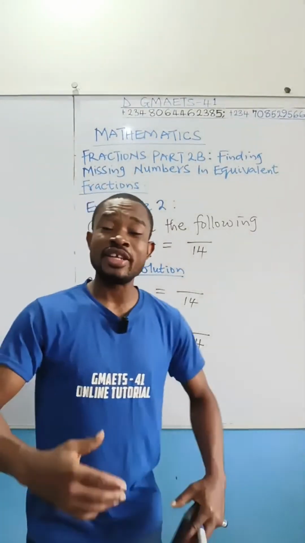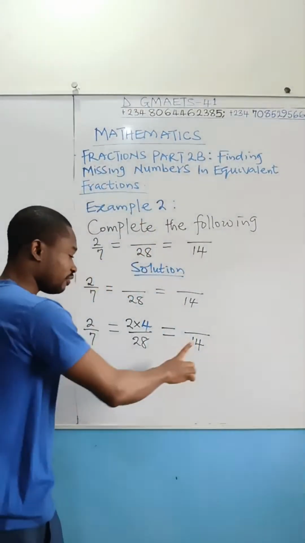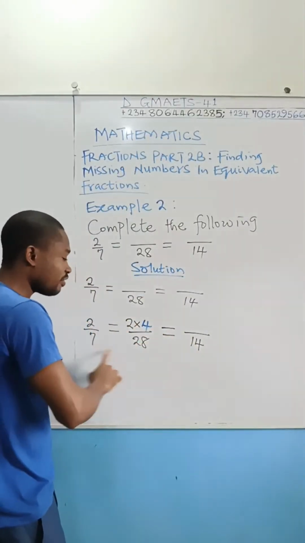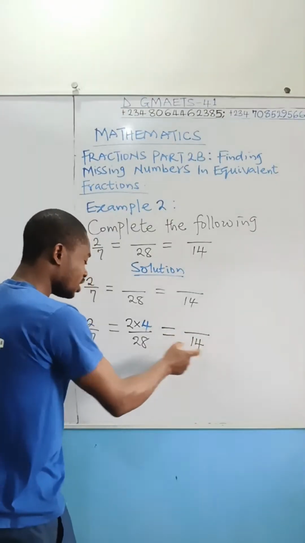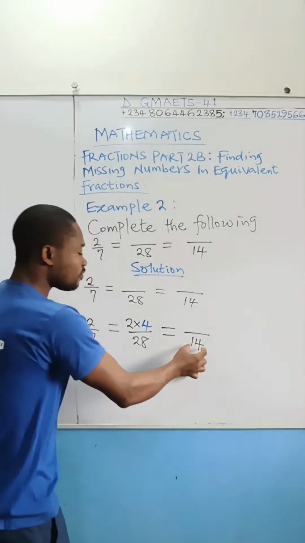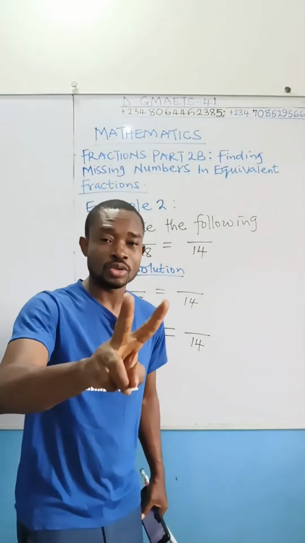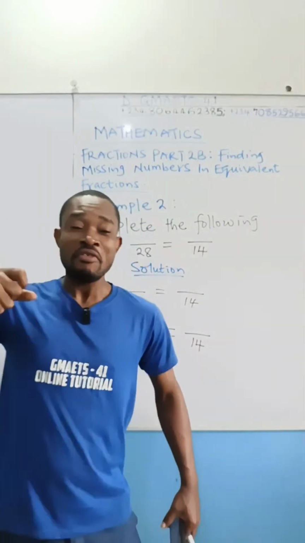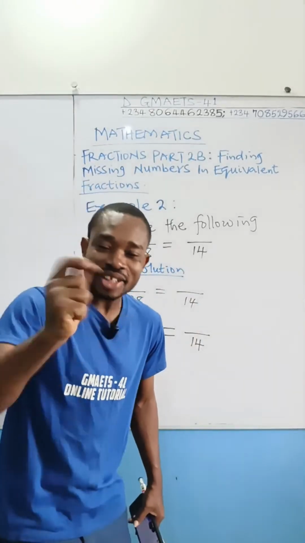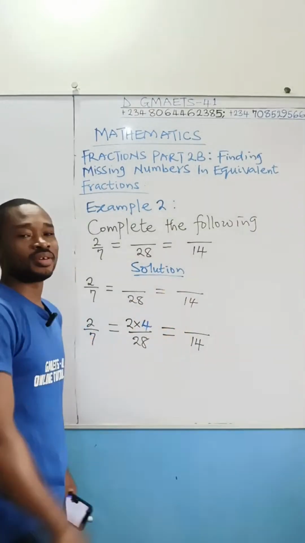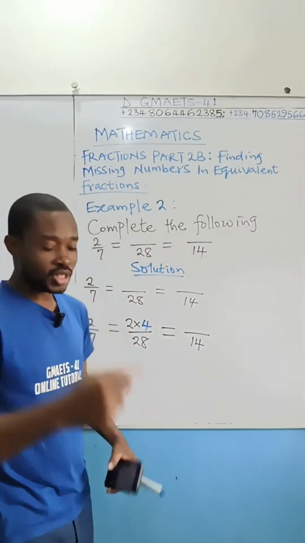Or if you want to go by the division method, look at 7 and 14. You know their denominators, they are complete. 14 is greater than 7. So ask yourself, 14 divided by 7 will give you what? 2. So you have found the number you will use in multiplying numerator and denominator to get the missing number here, and of course, that is 2.